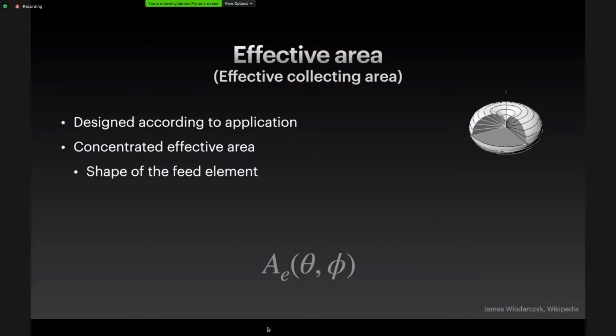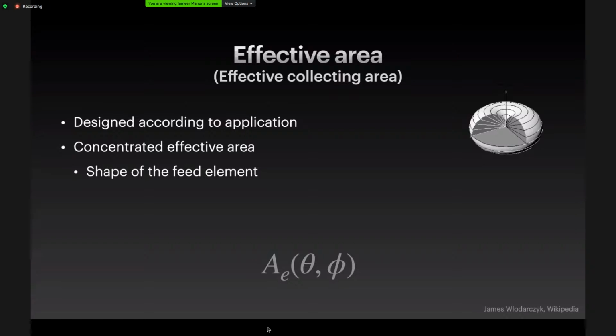So what we have is this effective area, which is actually designed according to the application we are interested in. We could have something this broad that is looking at all the directions, or most of the directions pretty broadly distributed. Or we can have ways to concentrate the effective area such that we are only focusing on some area of the sky, or a solid angle above the telescope, rather than looking all around.